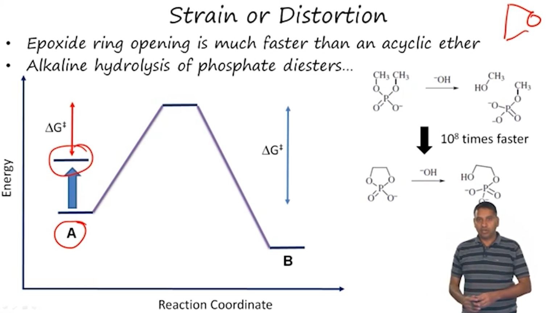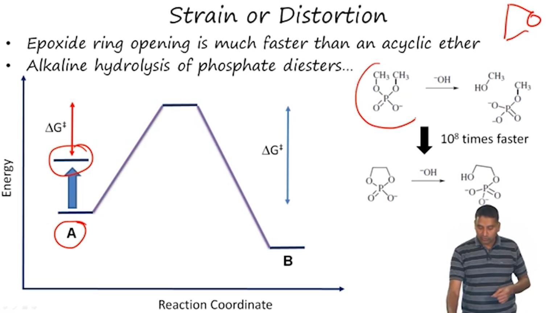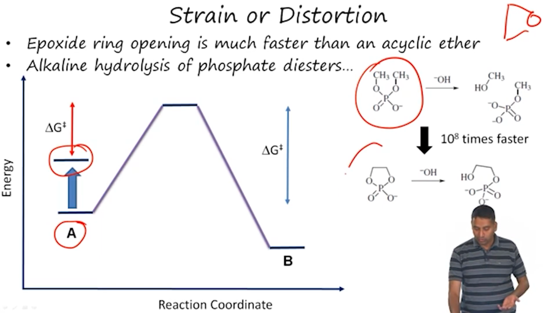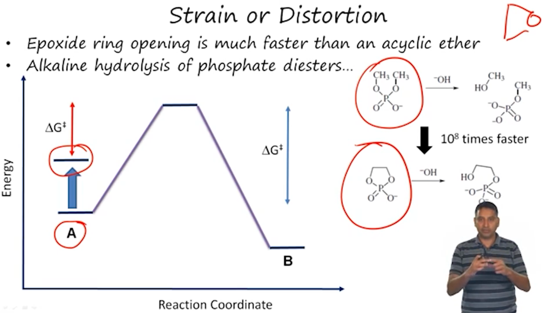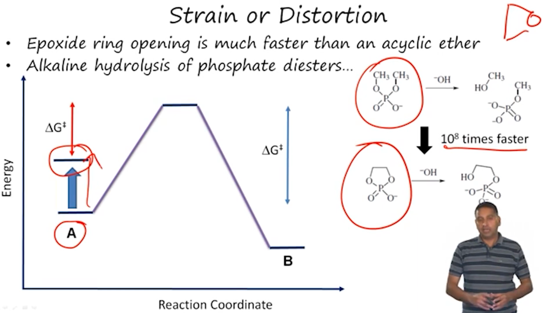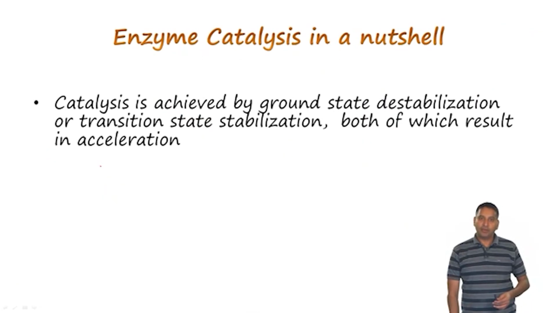To look at another example from a biological context, alkaline hydrolysis of phosphate diesters is significantly faster when you restrict it into a cyclic system, and the rate acceleration is about 10 power 8. This suggests that once you increase the energy of the ground state, it can result in a dramatic acceleration. So, what does an enzyme do?